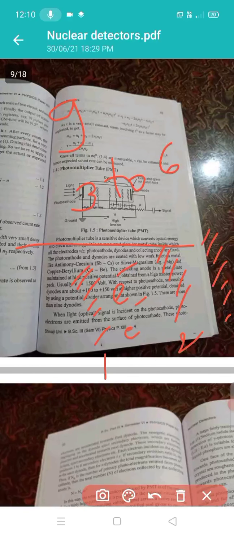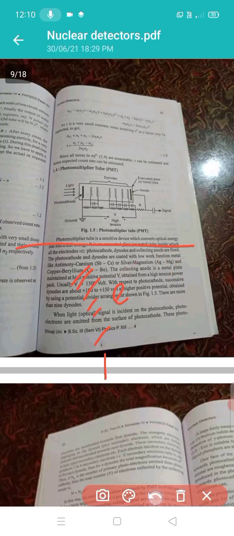These electrons are finally collected by the anode and the pulse is detected. This is the construction and working of the photomultiplier tube. I hope you all get it.